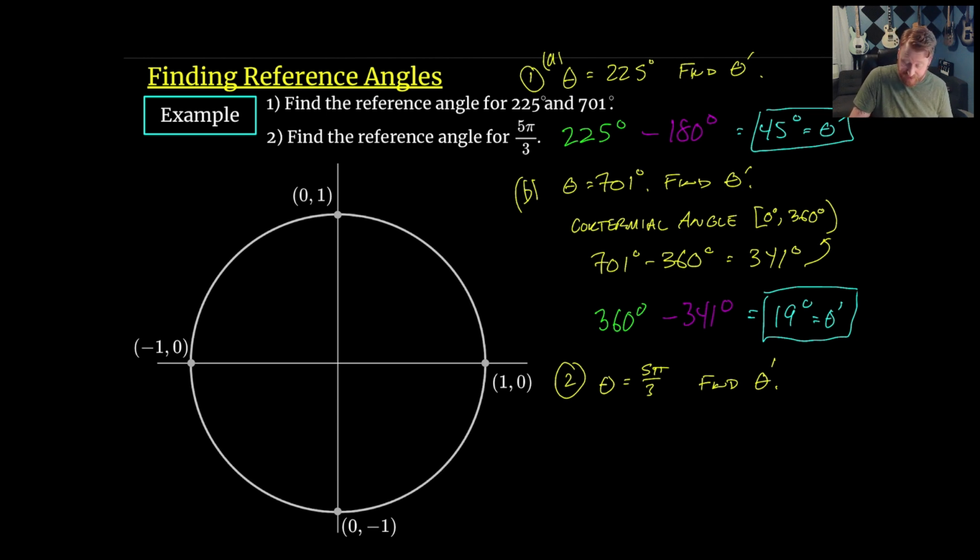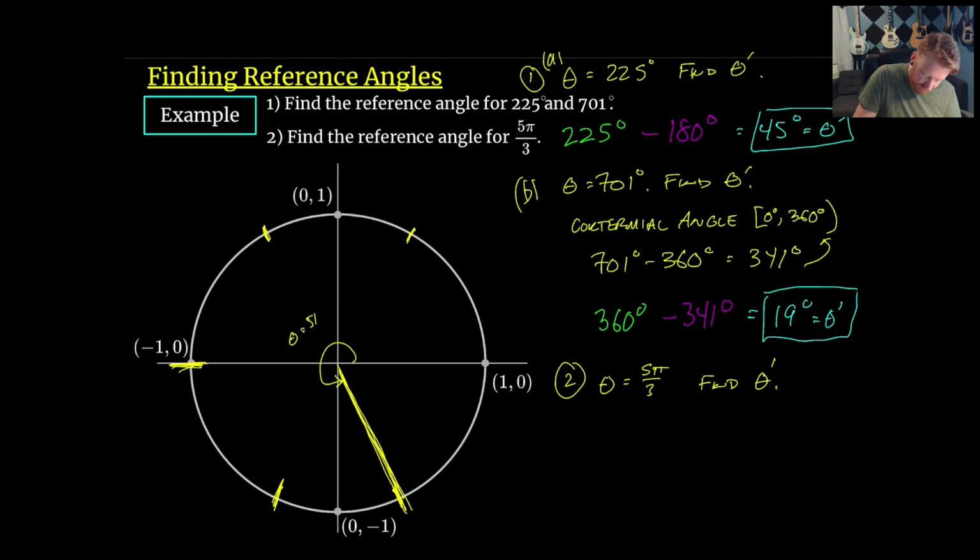But if I have to find 5 pi over 3, I just start counting pi over 3. So 1 pi over 3 is about there, 2 pi over 3 is about there, 3 pi over 3 is just pi, and that's there. There's 4 pi over 3, so 5 pi over 3 must be around there. So literally just counting pi over 3's around the unit circle here. So here is our angle.